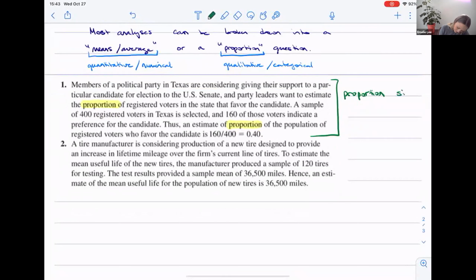So since I'm trying to summarize what the variable would be called, since the in favor variable is categorical.